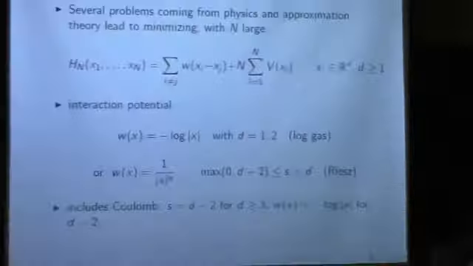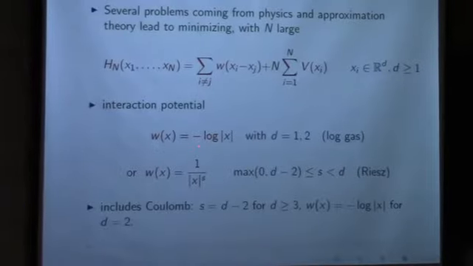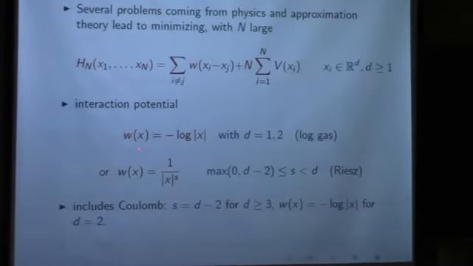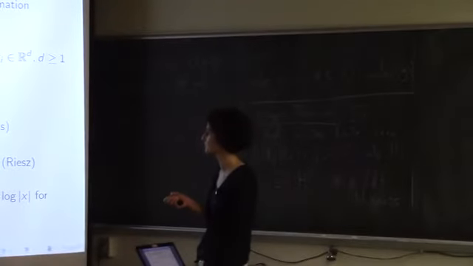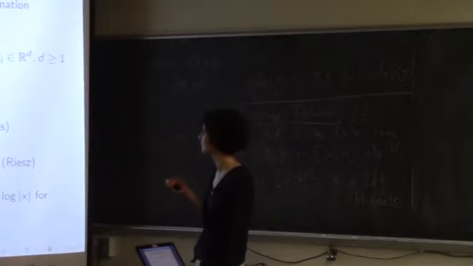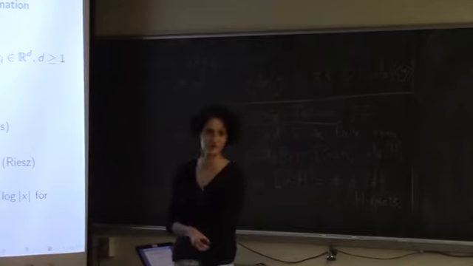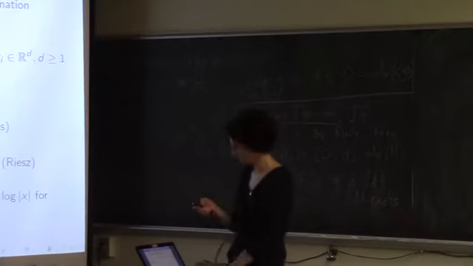two cases. The most common is the case where W is a logarithmic interaction, so minus log norm x, and the dimension is 1 or 2, the dimension of the space where the points live. So this you can call a log gas.